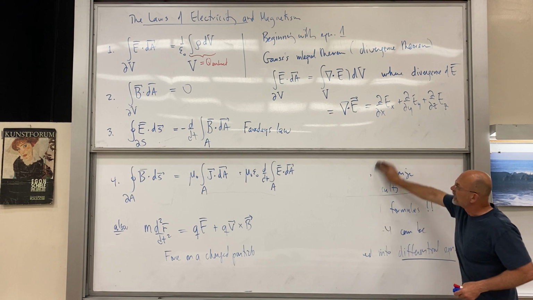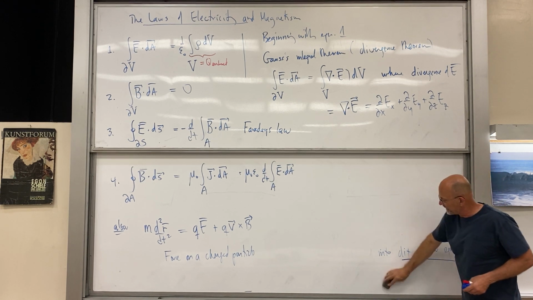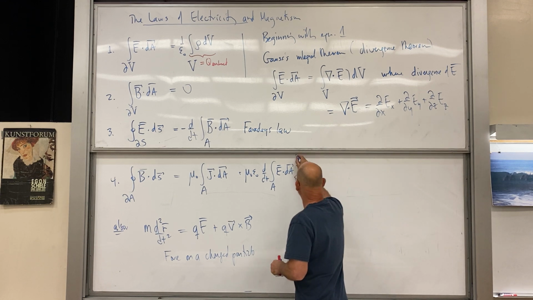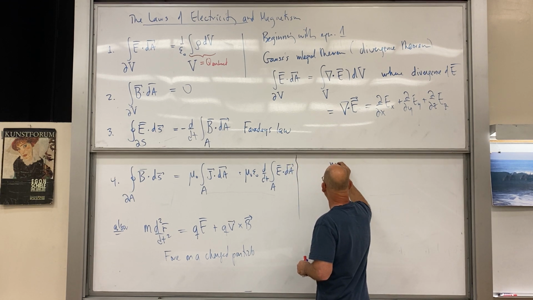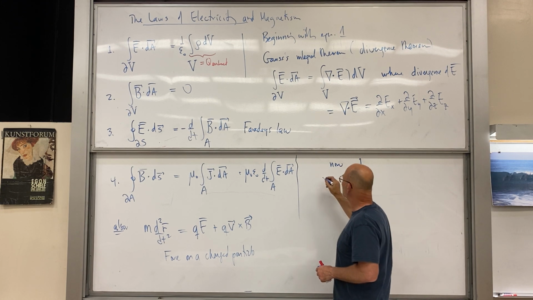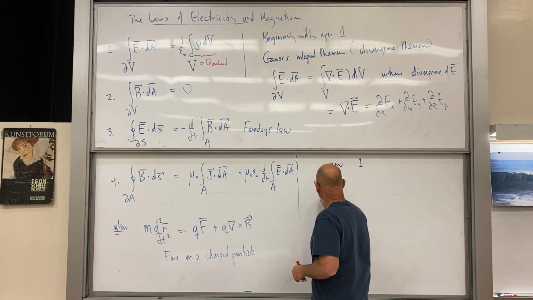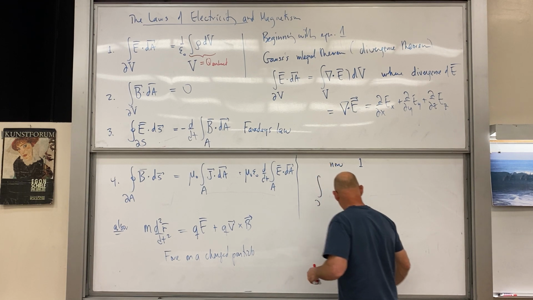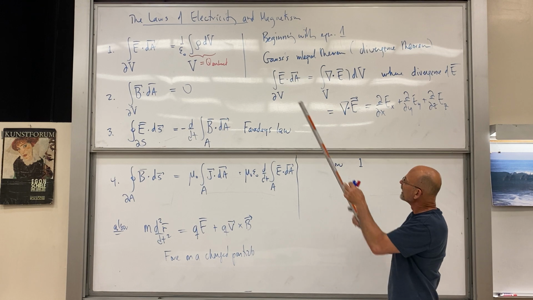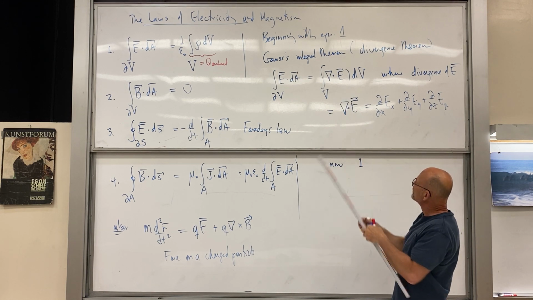I'm still going to keep the formulas on the board and work here on the right side. Now, what we have in equation 1, we have the integral. So we're transforming the left side into the divergence of E dV.